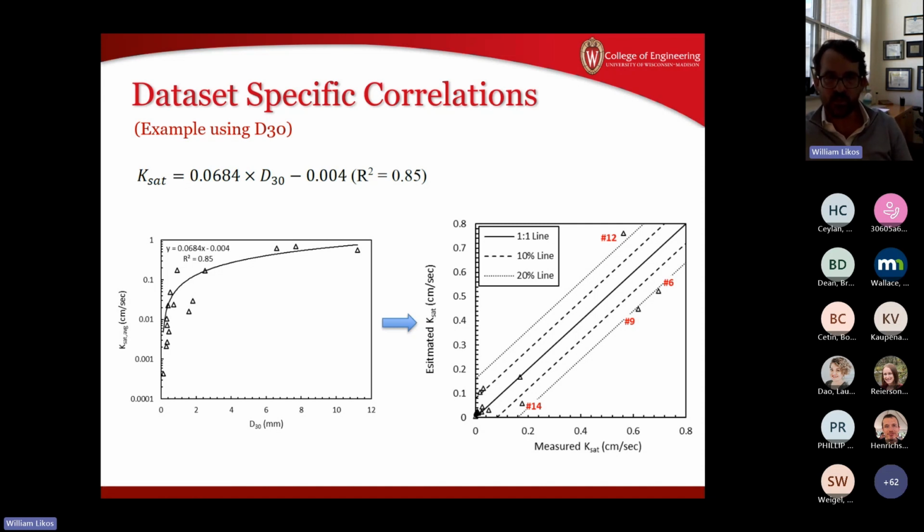And so you can see that this correlation for this data set of materials, for the entire data set, is within 20%, and for the majority of materials, that prediction is within 10%. So D30, at least for this group of materials, is a pretty satisfactory, relatively easily measured property for correlation to saturated hydraulic conductivity.